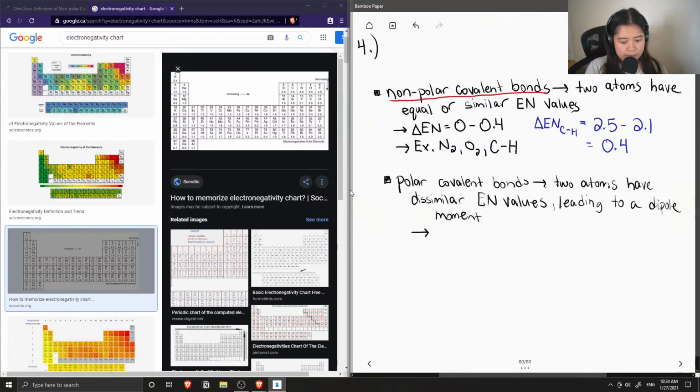Typically, its electronegativity difference ranges as well, greater than 0.5 but less than around 1.69.